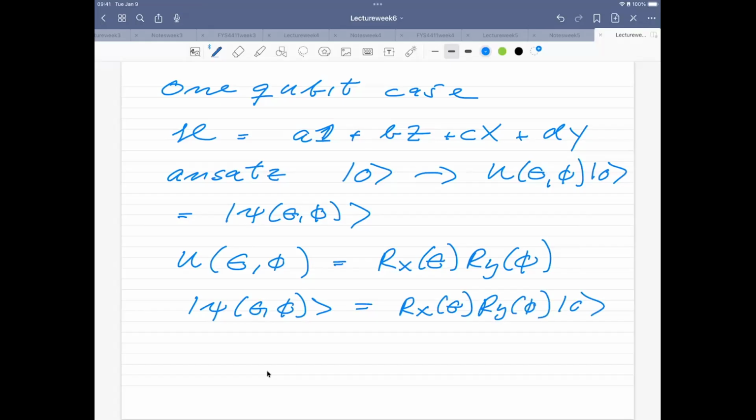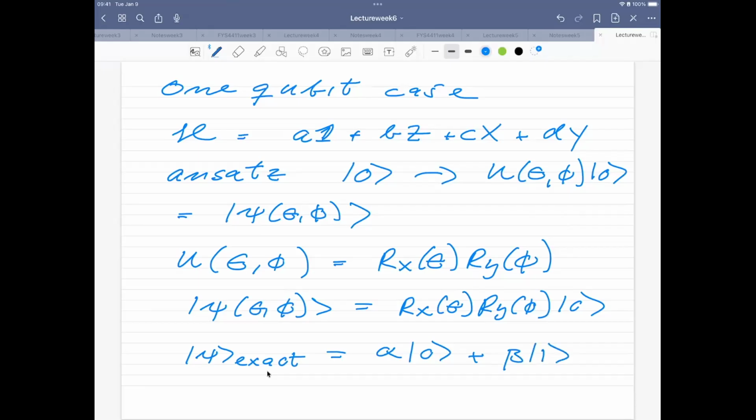And that is our ansatz for the state. Since it's a one qubit case, this state is a general state on the Bloch sphere. And since we are diagonalizing a 2 by 2 matrix, we know that the exact eigenstate, in this basis of qubit 0 and qubit 1, is going to be a linear combination of qubit 0 and qubit 1.